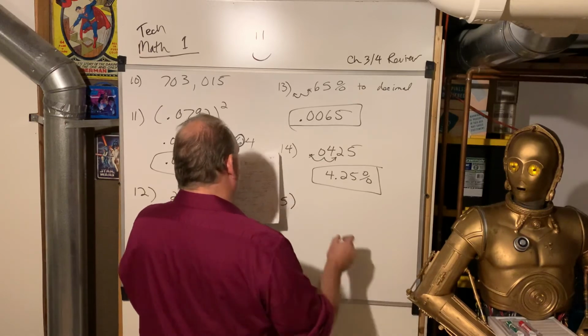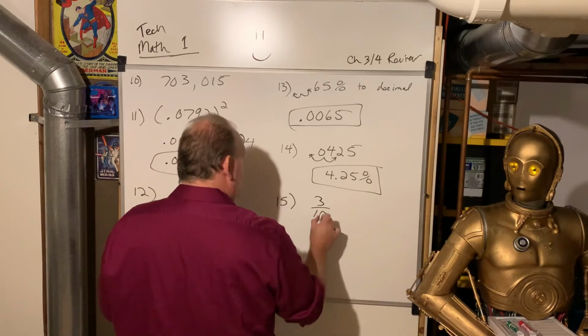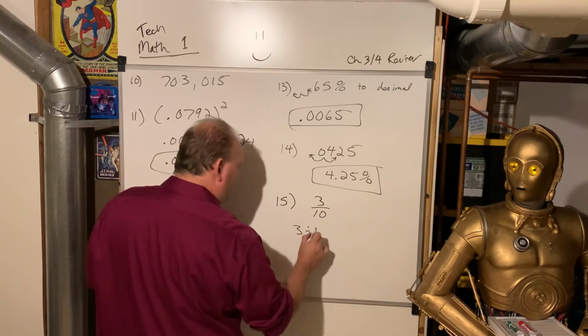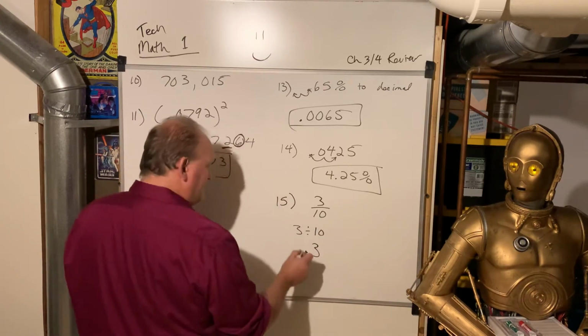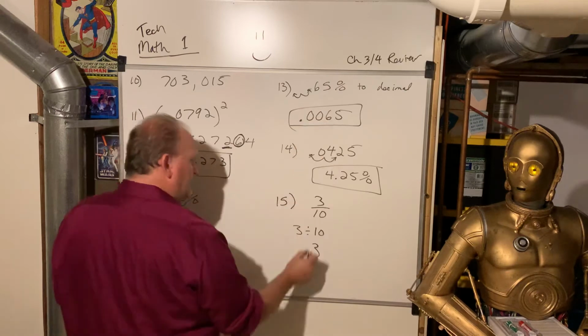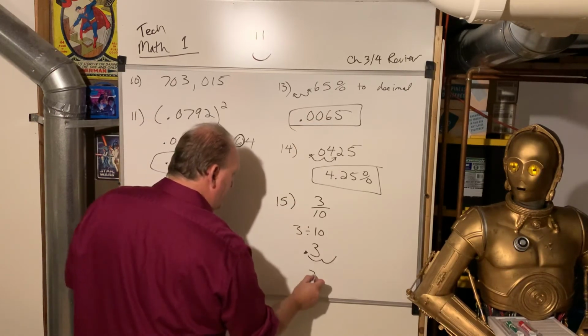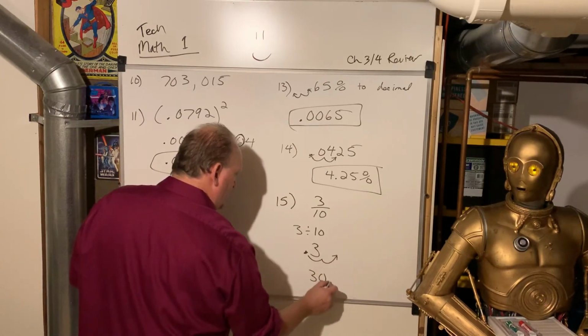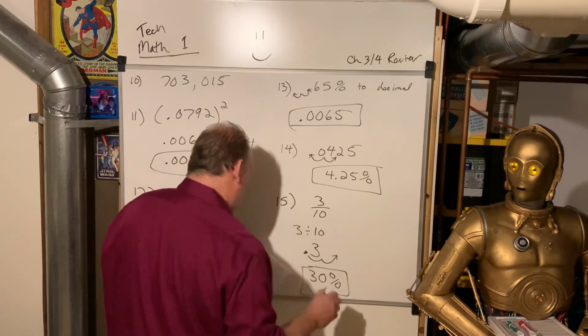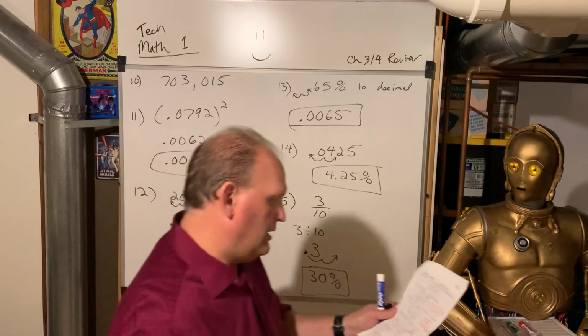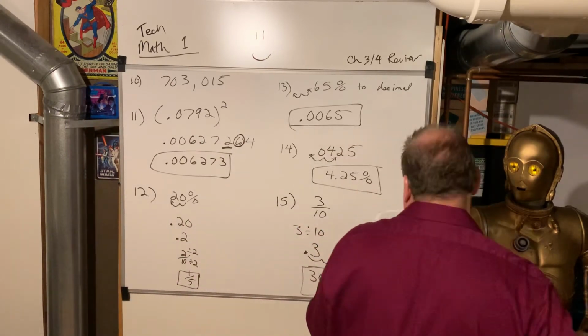Convert to a percent, so 3/10. So you put in your calculator, 3 divided by 10, that's 0.3. And now that's a decimal, we want to make it into a percent, so 2 places to the right, 30%. And we remember to put that percent sign.